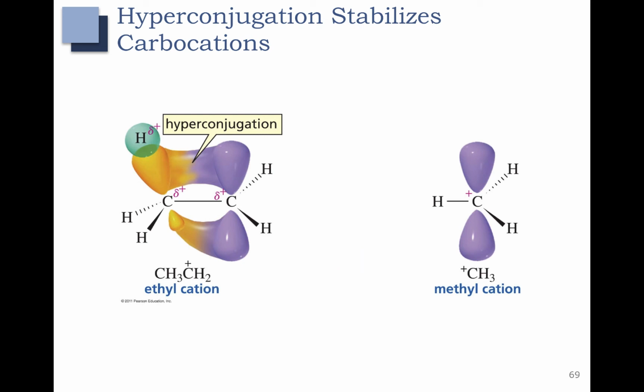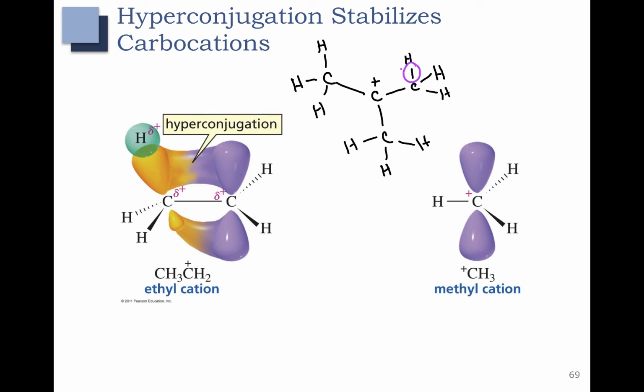Now let's look at a tertiary carbocation. And you can see here that we have lots of nearby carbon-hydrogen bonds with electrons that can help to stabilize this carbocation.